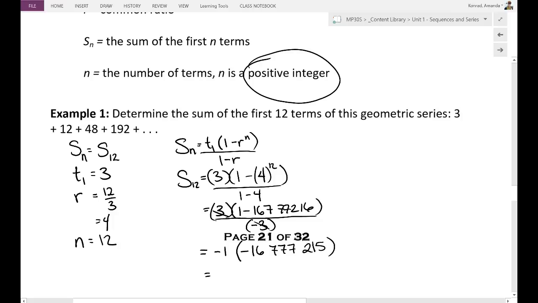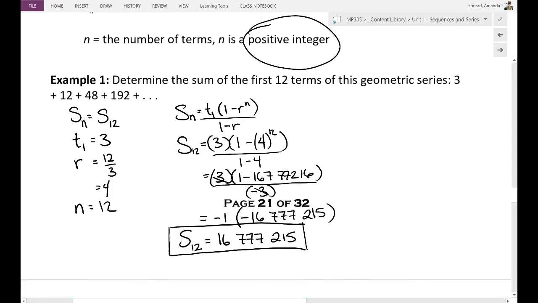A negative times a negative is a positive, so my final answer for the sum of the first 12 terms is going to be 16,777,215. Now, I don't know about you, but I wouldn't have wanted to figure that out without this equation.